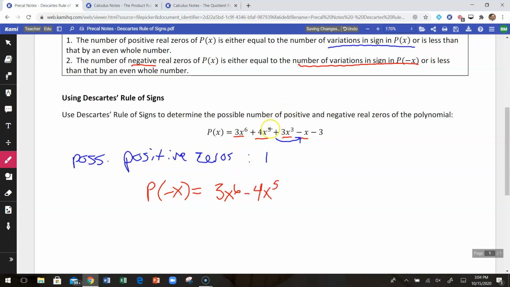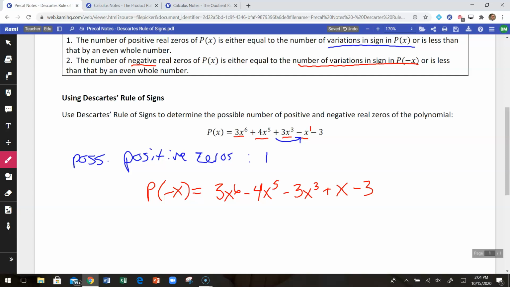If the exponent is odd, the sign in front of that term will change when I replace x with negative x. So the next one will change as well because it's an odd power, so that's going to be minus 3x to the 3rd. And then this is x to the 1st, so again it's odd, so that's going to change that sign. It's going to become plus x. And then your constant will never change. It will stay the way it is.